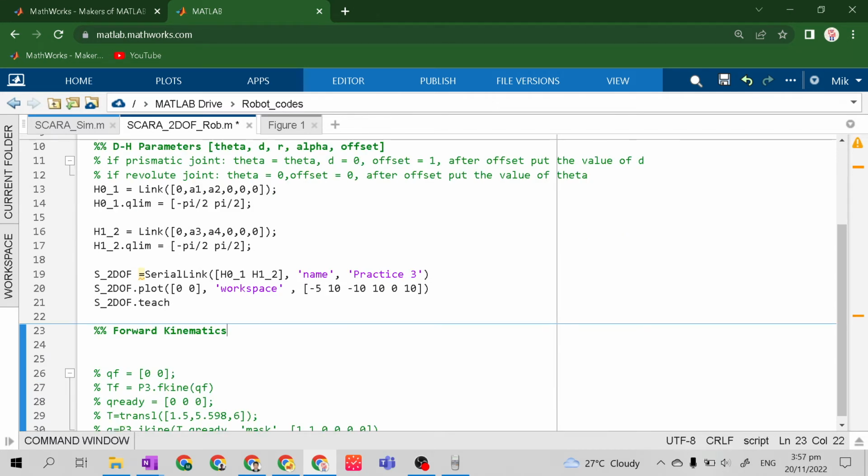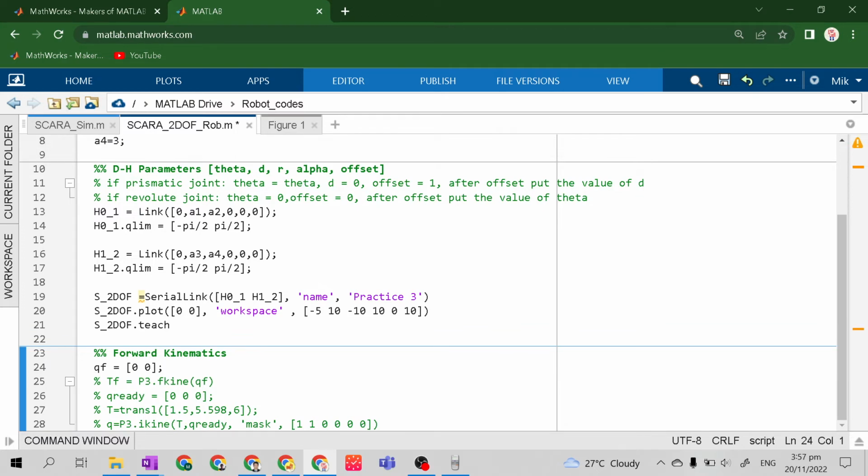Okay, so I have already here a value of QF. Okay, or let's name it FK. Okay, a small letter FK. Okay, so FK is the value of the joint variables. So our joint variables, let's start from 0. Okay, let's start the joint variables at 0. Next.